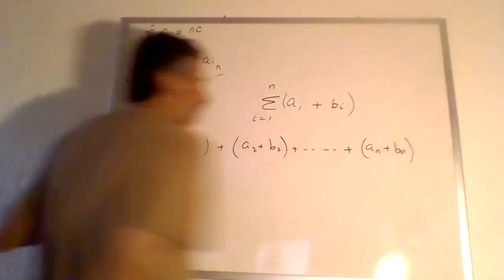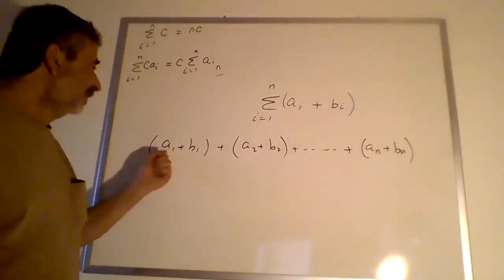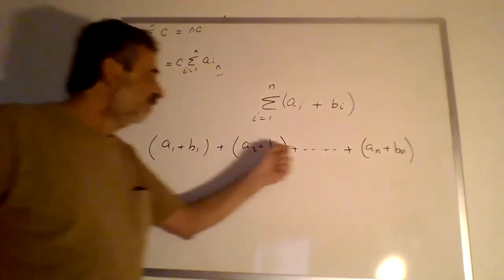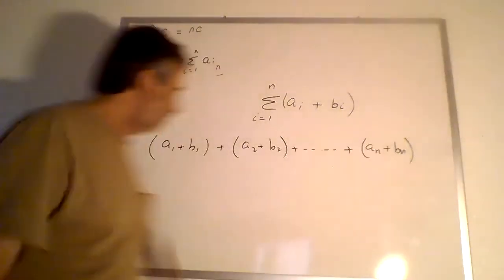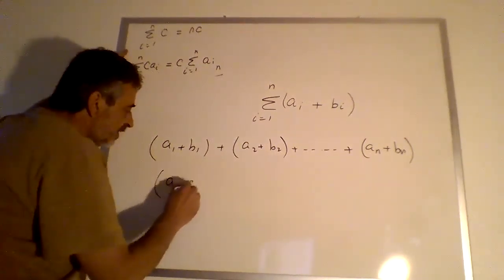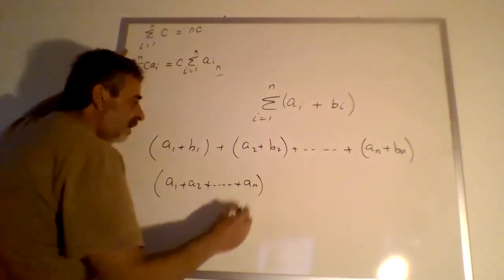So now notice, since we have addition throughout, I'm going to put all the a's together. That'll be a_1 plus a_2 plus a_n.